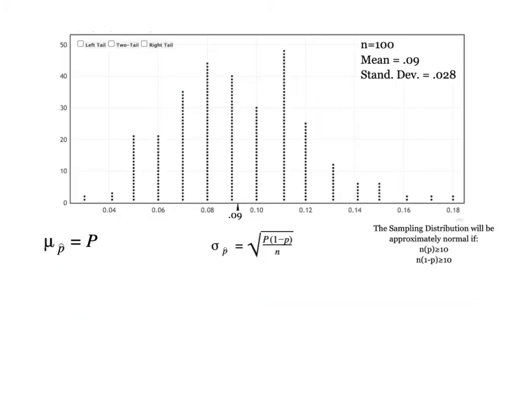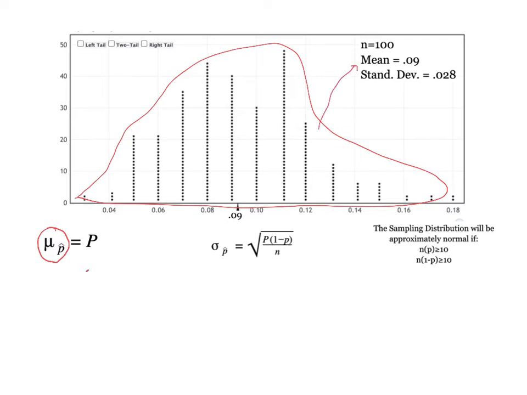Now let's take a look at how these relate to our sampling distribution. First of all, this stands for the mean of all the samples. So up here, if I typed all these numbers into my calculator, I get a mean of about 9%, okay? Which, as we know, is the population parameter.